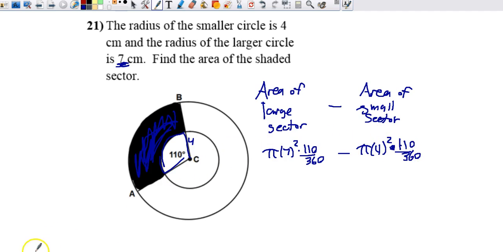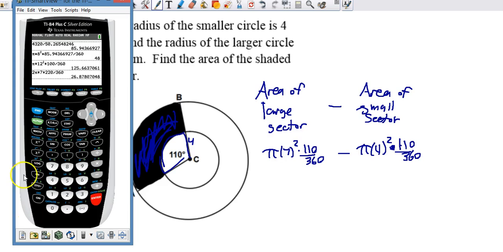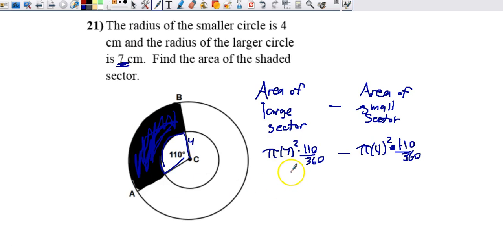And we're going to use our calculator to finish the job. This one is 47.036.